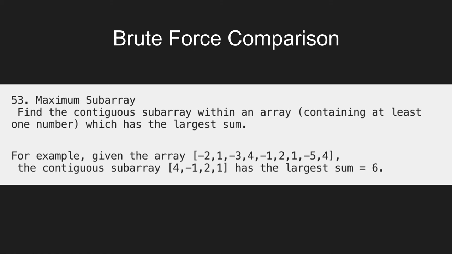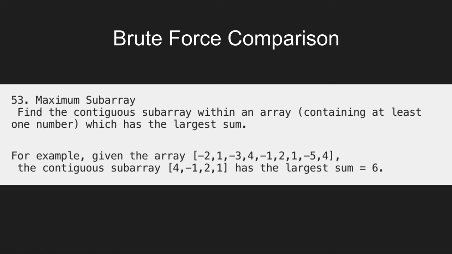So the brute force solution in this case would have a time complexity of n cubed because the outer loop would be to find every starting position of your subarray.